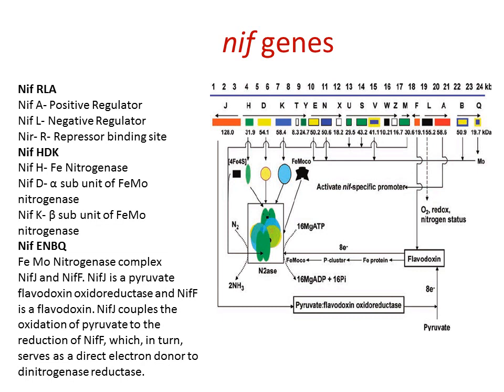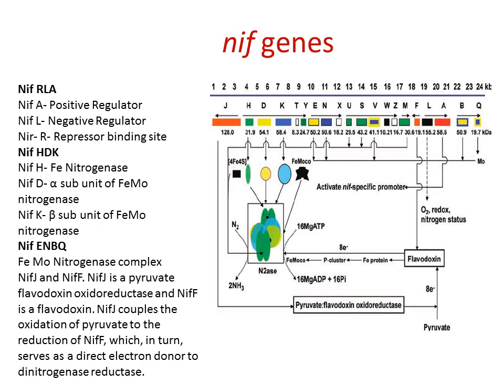Once the flavodoxin has been reduced, it is a strongly reducing electron carrier. This reduced flavodoxin gets oxidized once it transfers the electrons and protons to dinitrogenase reductase of the enzyme nitrogenase.